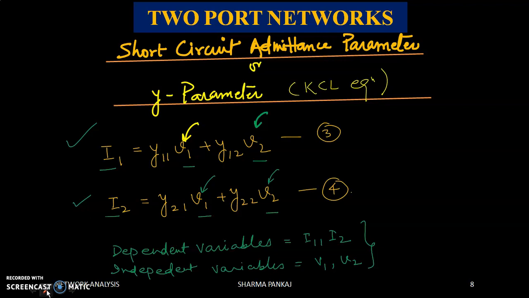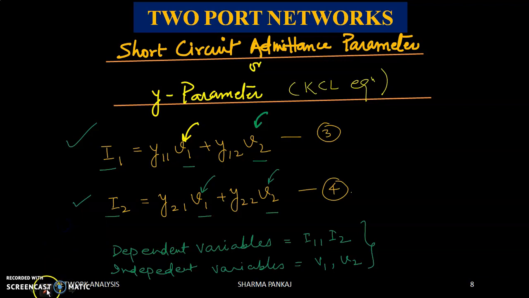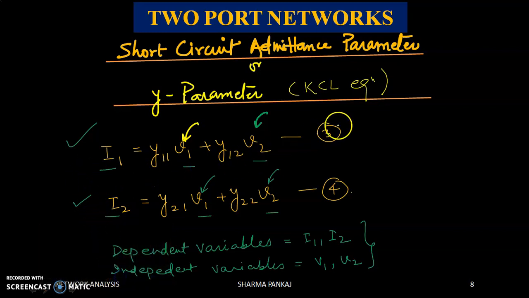Now the analysis is exactly the same as we have done in Z parameter. This is the equation I have written over here. See this, this is equation number 3 and this is equation number 4.